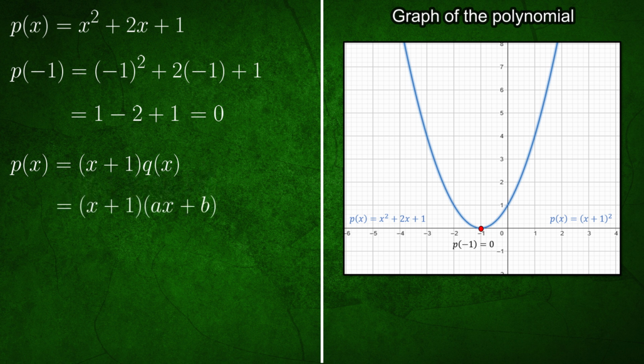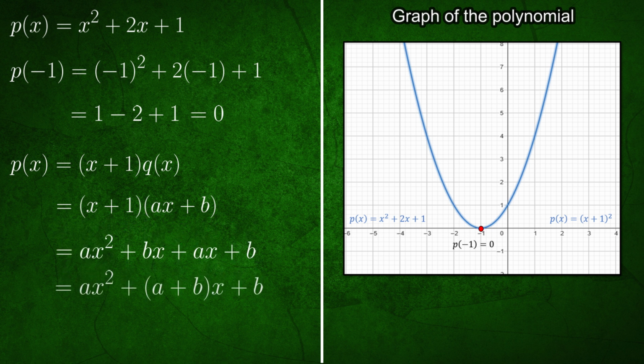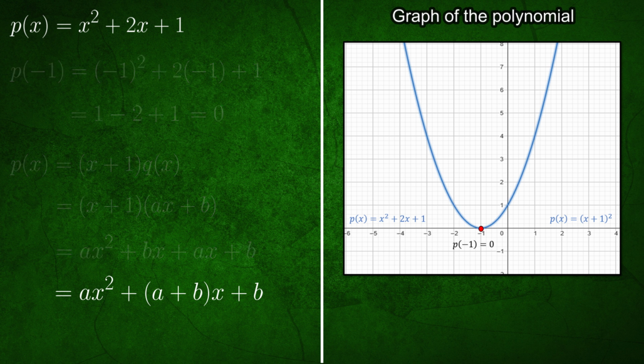Now, p of x is x squared plus 2x plus 1. And if we apply the distributive property to the expression x plus 1 times ax plus b, we get that this is equal to ax squared plus a plus b times x plus b.